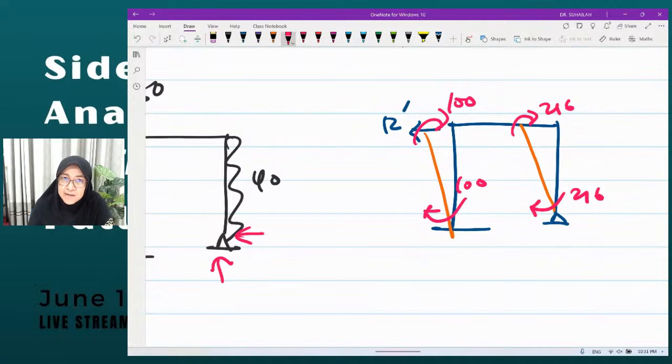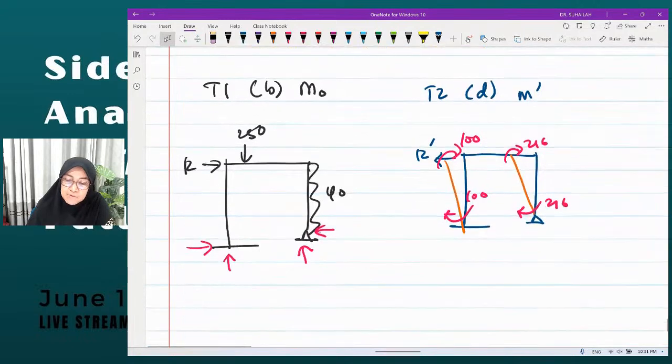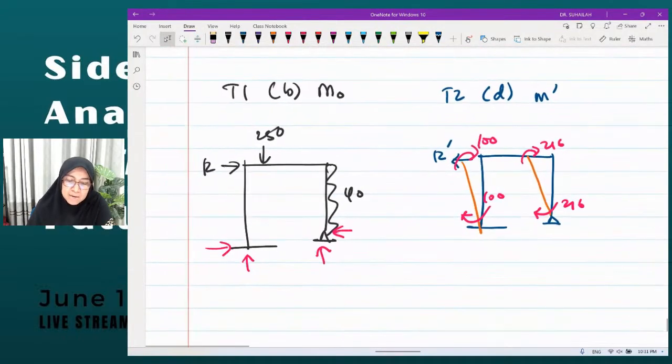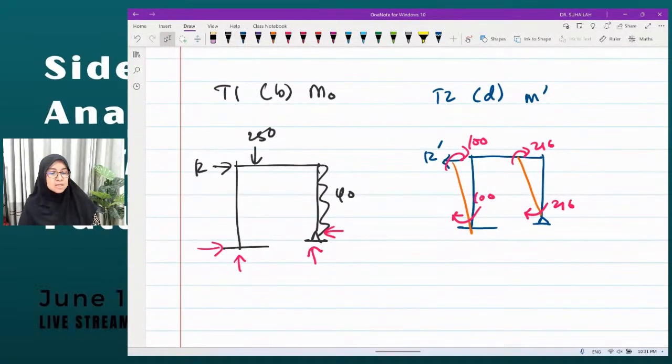This is the value we substitute in table 2 before we get M prime. And then we continue the same process to calculate the R prime value.